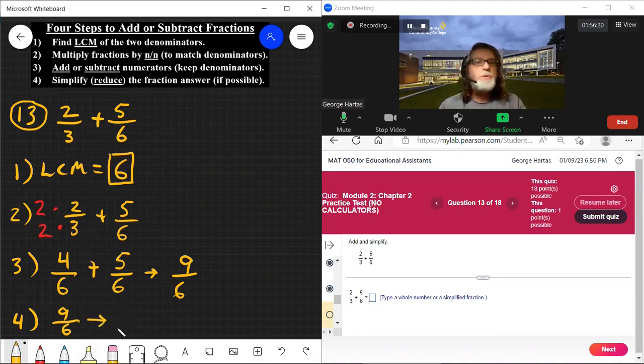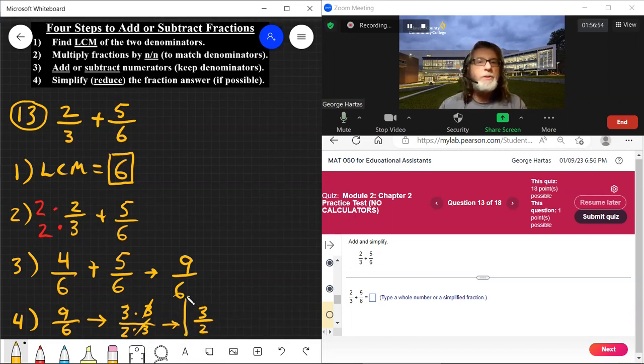So let's reduce this. So let's use the factor technique. 3 times 3 is 9. 2 times 3 is 6. 3 over 3 cancels out. And what do we have left over? 3 over 2.